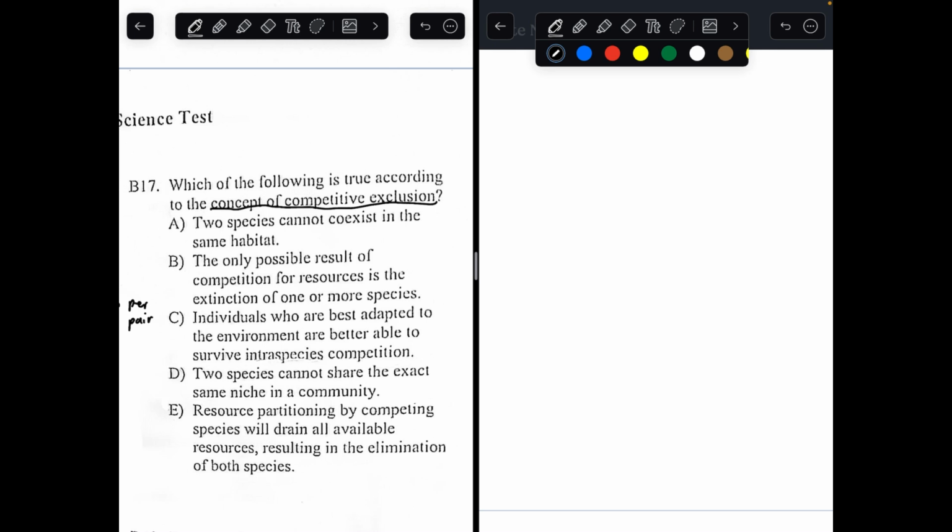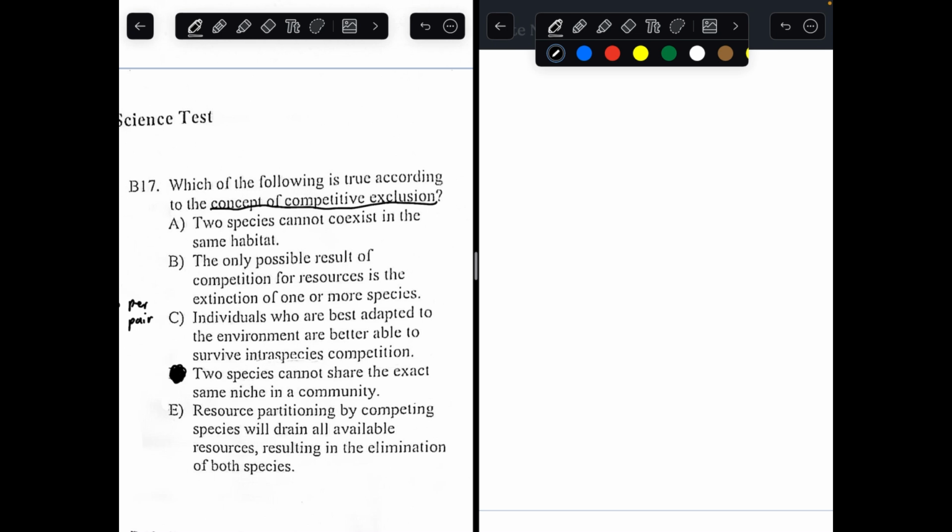So that very much aligns with answer choice D, that they cannot share the same niche or role in the environment. For example, if two animals had to hunt bugs, they had to compete against bugs. Eventually, the stronger one will outcompete and drive the weaker species out.